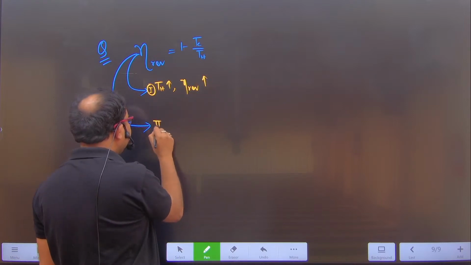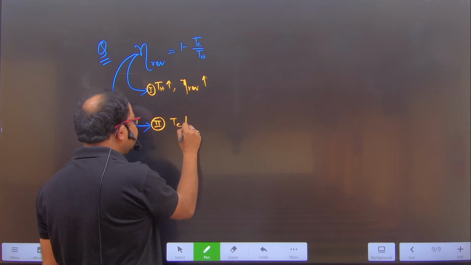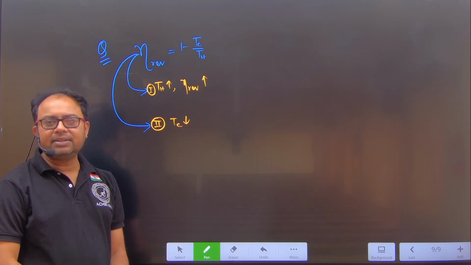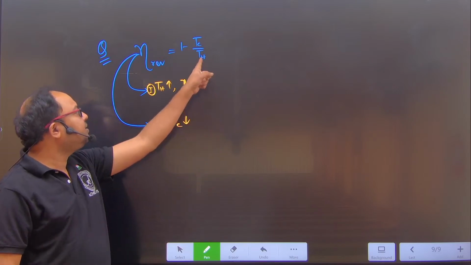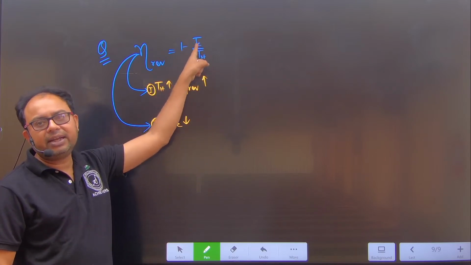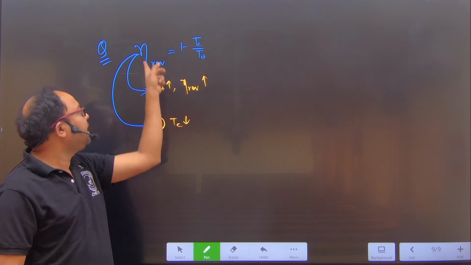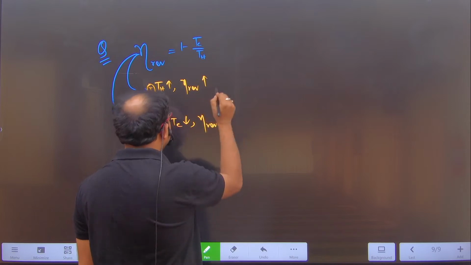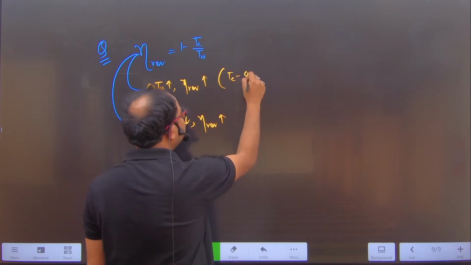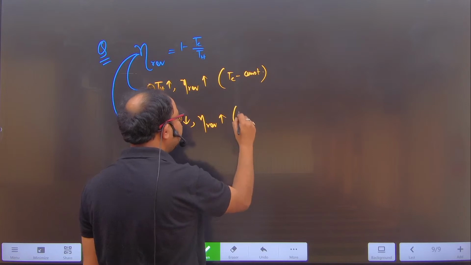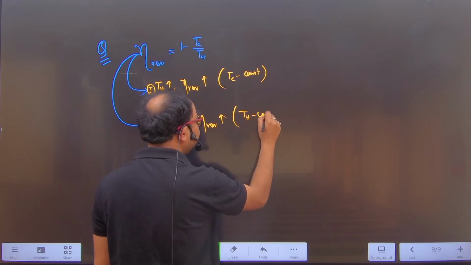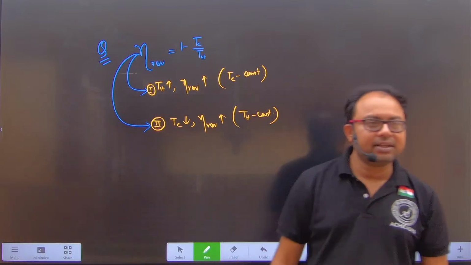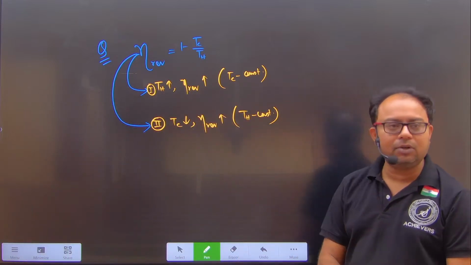And there is another way: you can decrease Tc. If you decrease Tc, then Tc by Th will decrease, there is a negative sign in front, so again eta reversible will increase. For the first process, you keep Tc constant, and for the second, you keep Th constant. So I have got two options to increase eta. This is option 1, this is option 2.